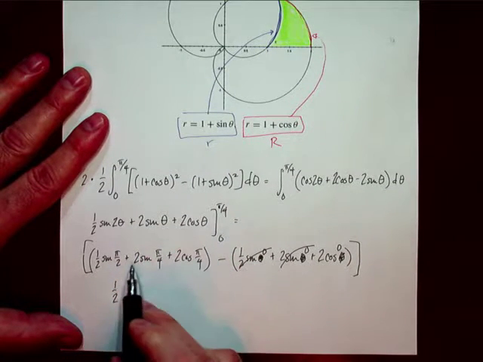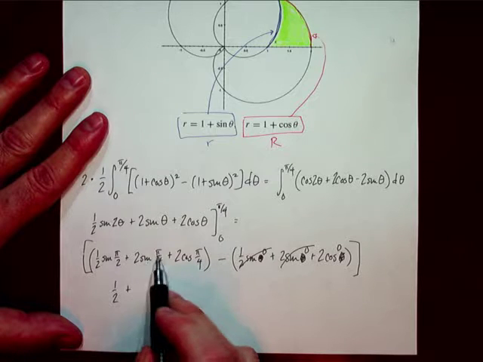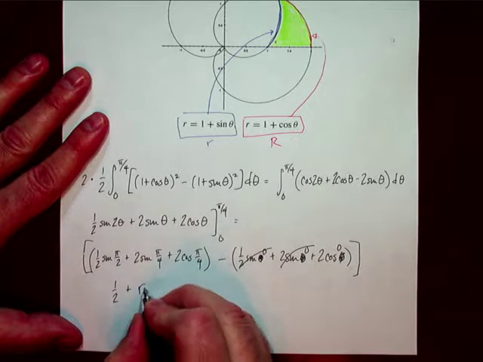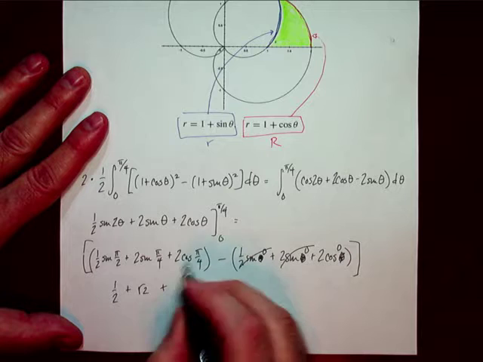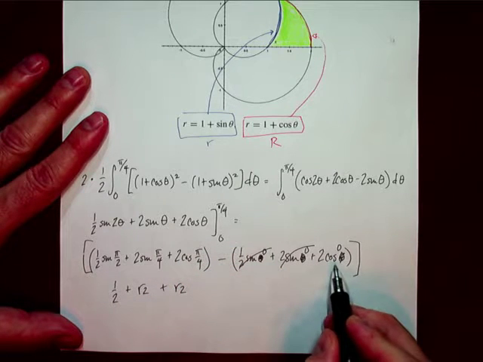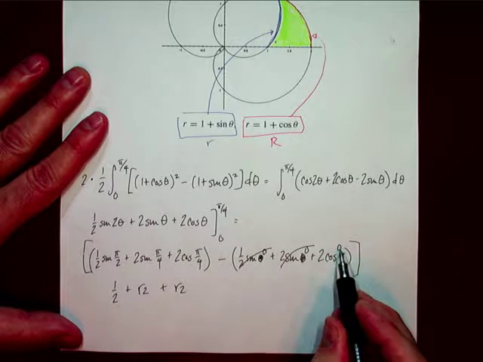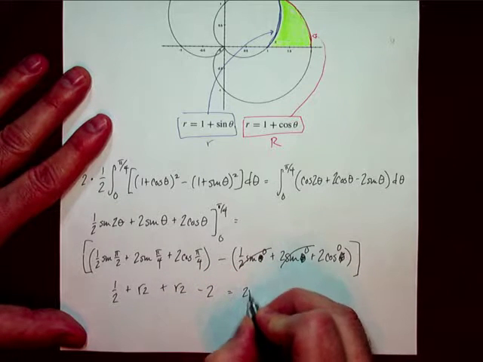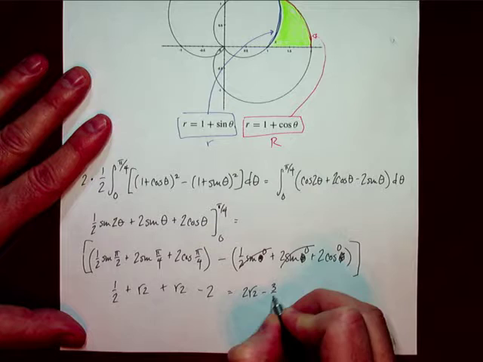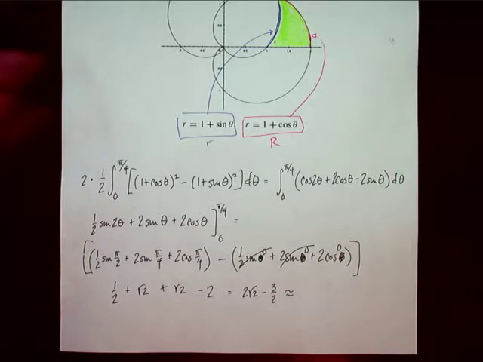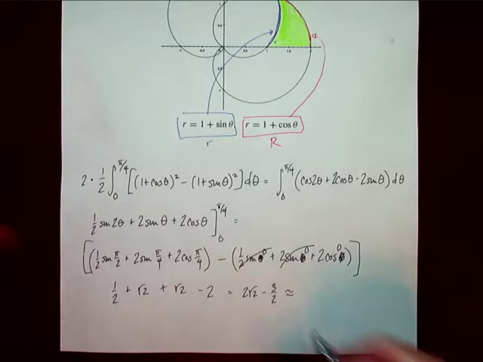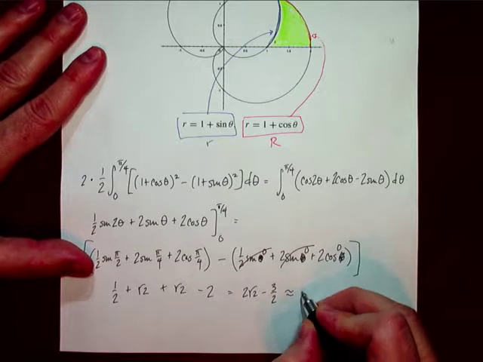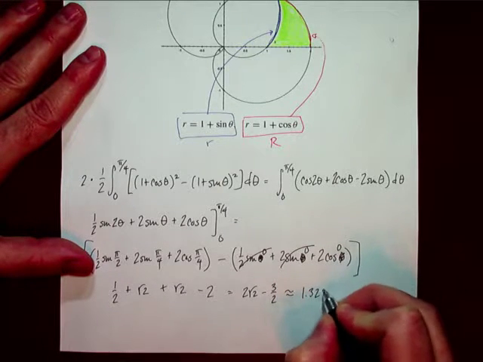This winds up being root 2 over 2 times 2, so it's just root 2. This winds up being the same thing. And this over here, of course, is cosine of 0, which is 1, so it's minus 2. So really what you have here is 2 root 2 minus 3/2. And 2 root 2, of course, is like 2.828 basically. And then minus 1.5 is going to be 1.328.